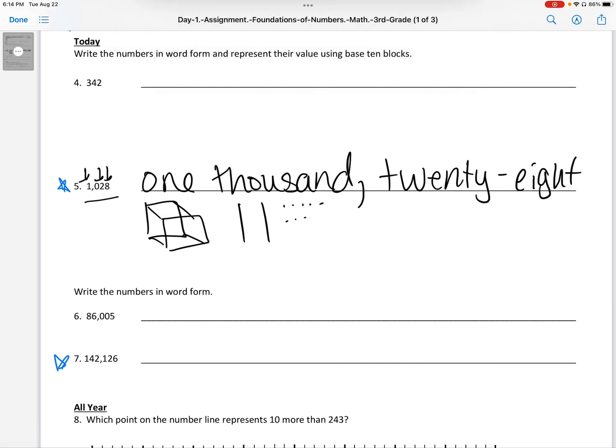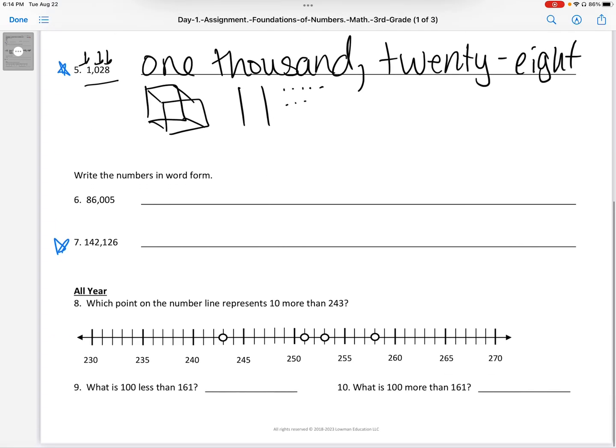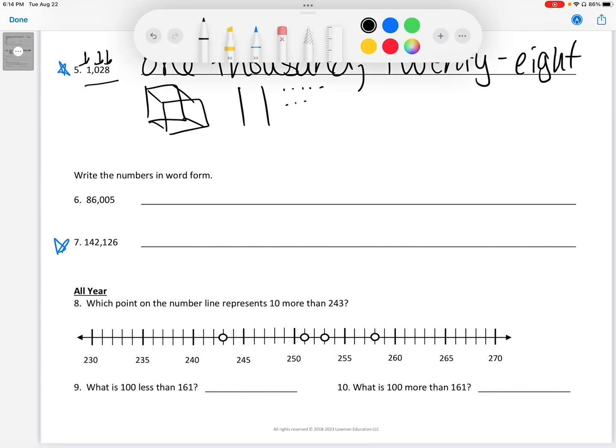Okay, we can move on from there to number 7. This one is just like we did on 5. We're writing this in word form. We just write down everything we say as we read the number out loud. We have practiced reading a lot of numbers lately. The trick to reading numbers, especially as they get bigger, is read the numbers in front of the comma, name the comma, and read the numbers after the comma.